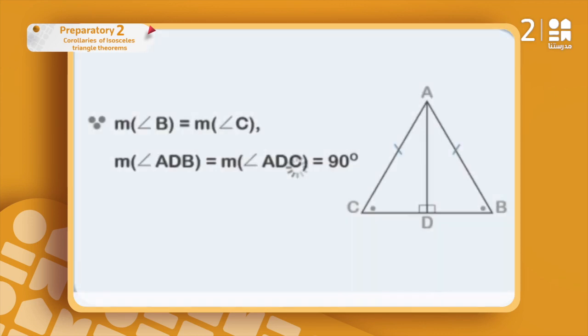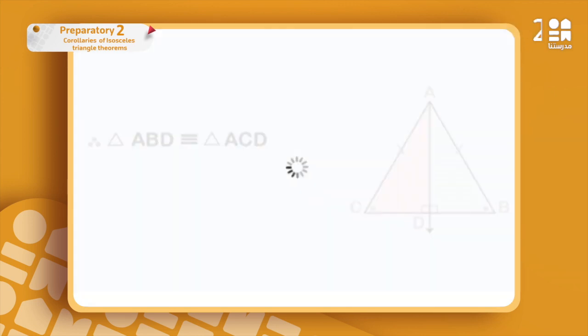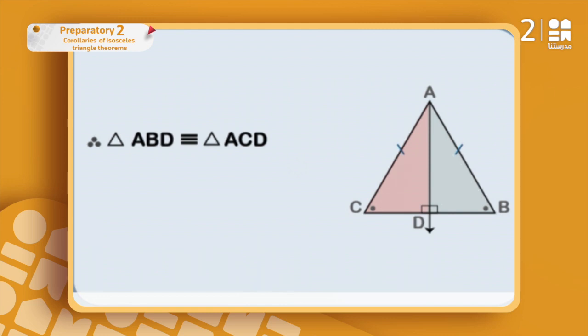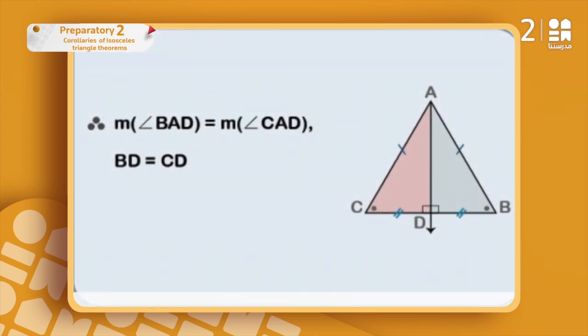Since the measure of angle B equals the measure of angle C, and the measure of angle ADB equals the measure of angle ADC, which equals 90 degrees, therefore, triangle ABD is congruent to triangle ACD. Then, the measure of angle BAD equals the measure of angle CAD, and BD equals CD.